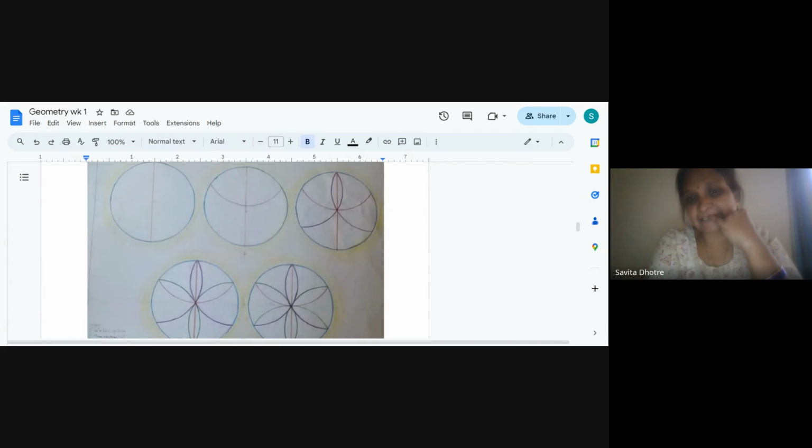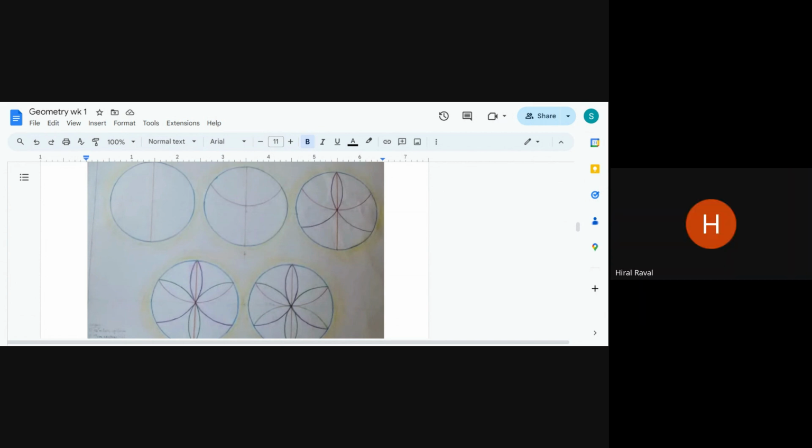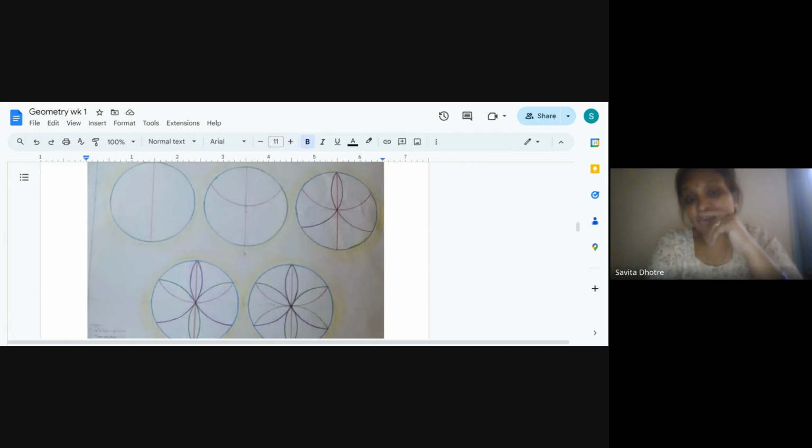Maybe six. No, it will not be too much. I've taken 4 centimeters. So I think 4 centimeters is approximately the size that you've shown on the screen. But you're not doing five. You're only doing one. So make it as big as possible.